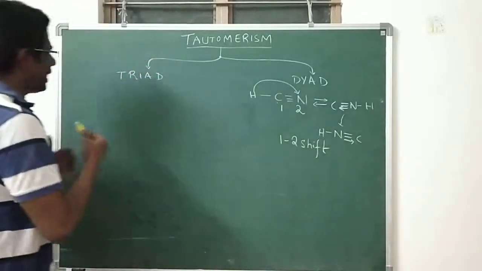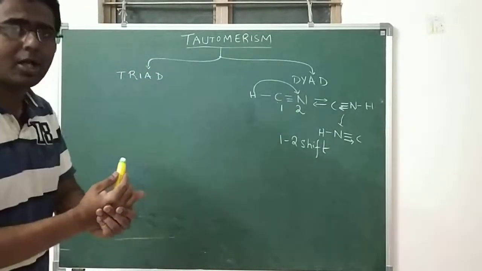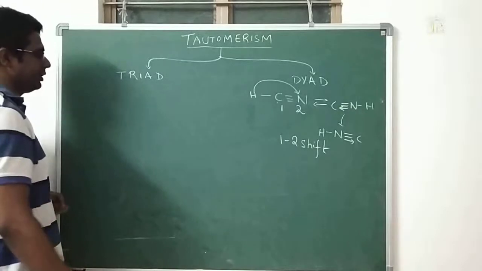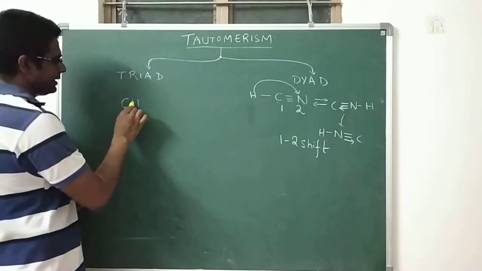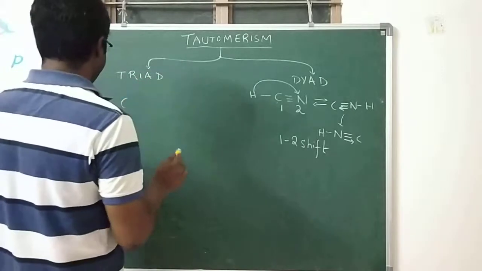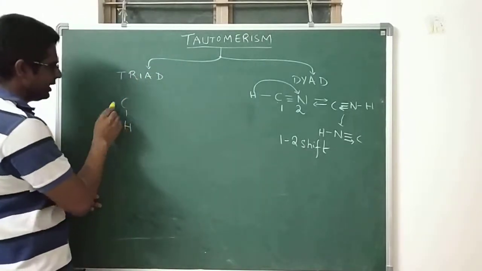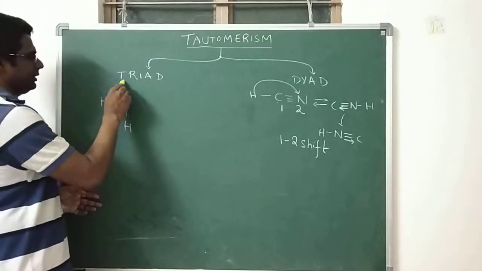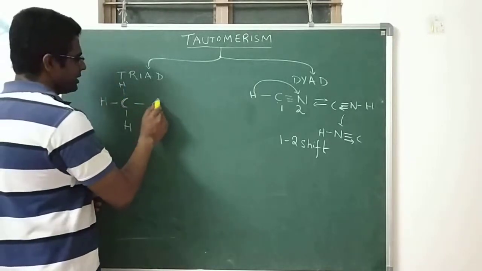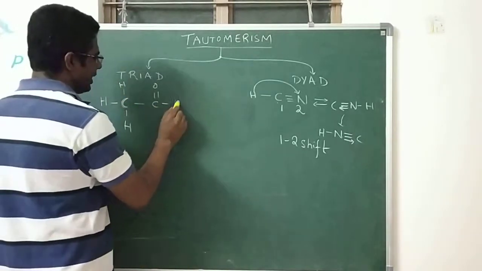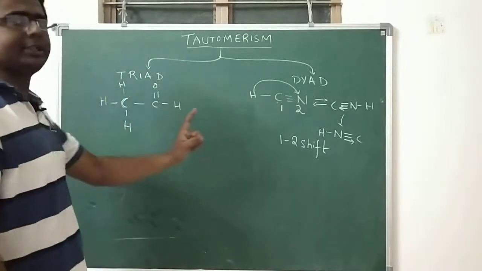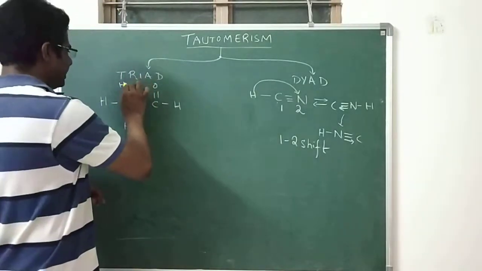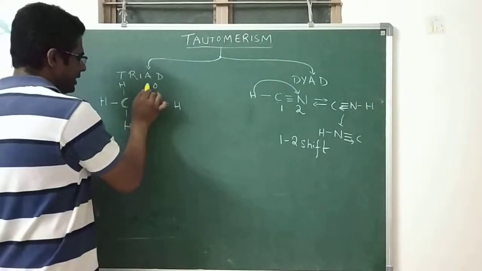Let us come to the triad system and let us understand what is triad system very carefully. I will take a very simple compound, that is CH3. Okay, I will draw the hydrogen separately over here. CH3 C11OH. Now if you see, in case of triad system, the hydrogen shifts from, see, there is a functional group.